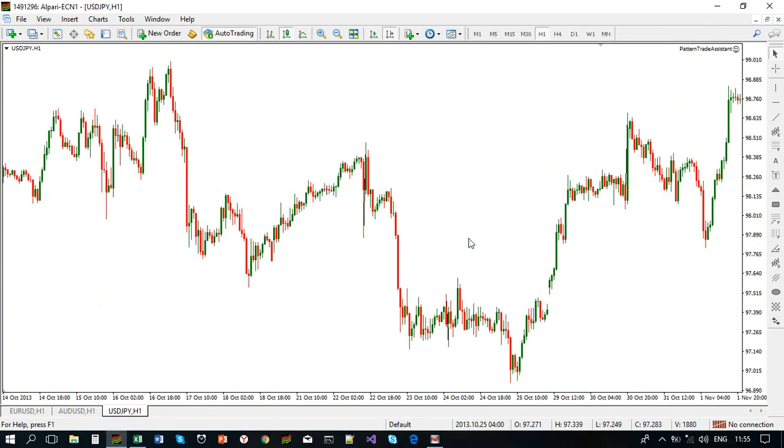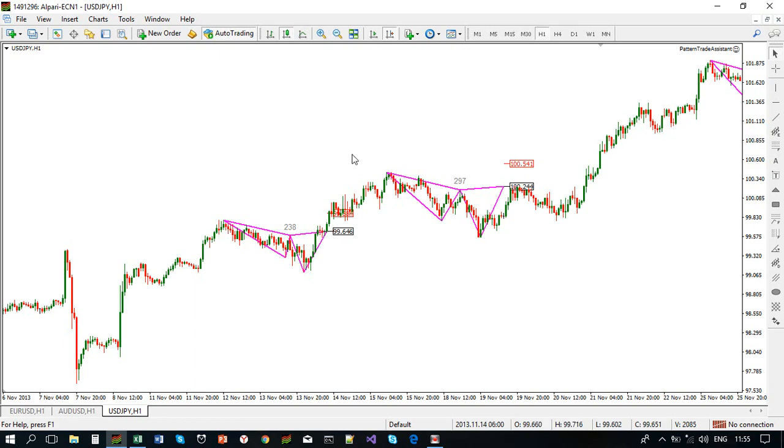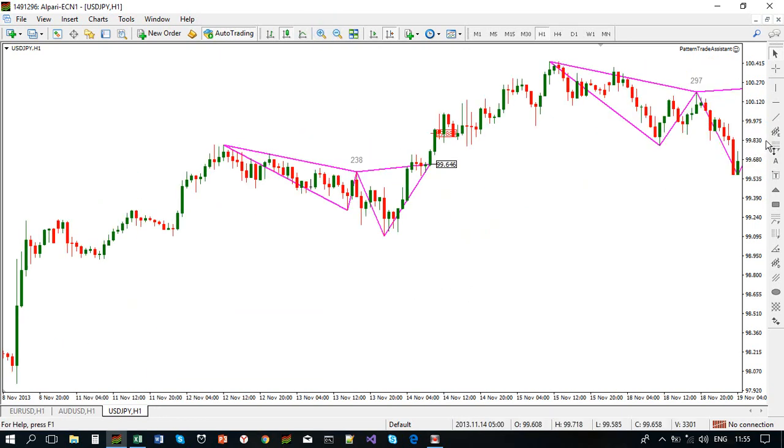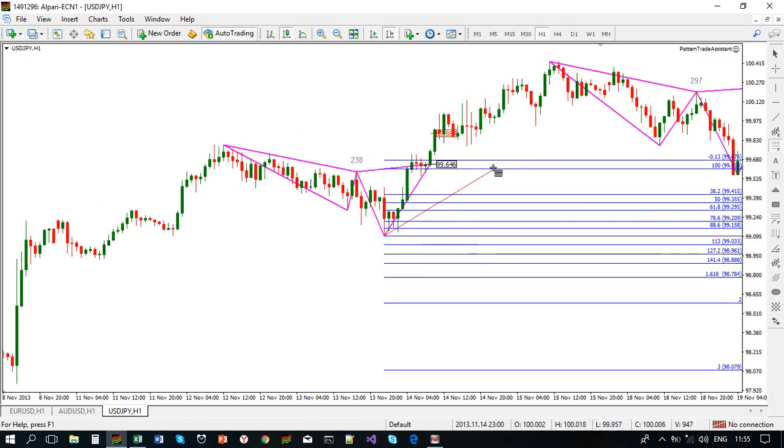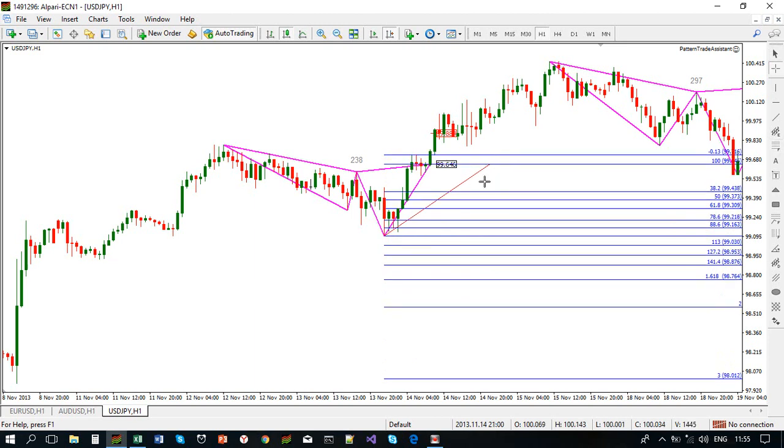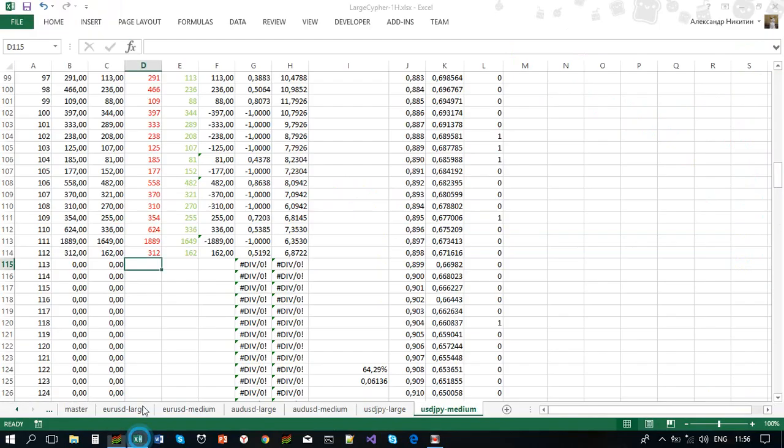Didn't trigger. Okay, that was a stop loss. $208, 28, 23.8, 23.8, 20 and 8, and it equals a loss. Perfect.